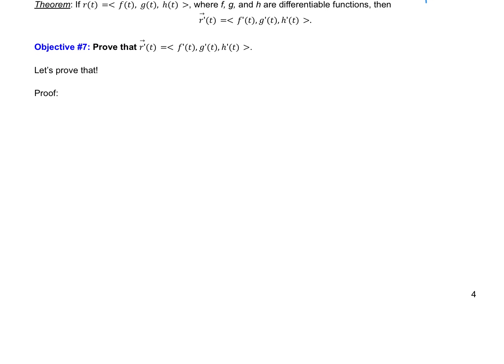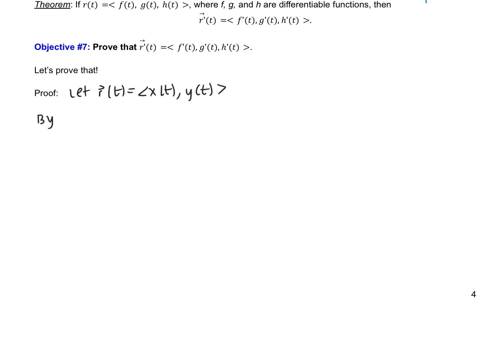Okay, we are going to prove it for 2 space. The proof for 3 space is going to be a similar idea. So I'm going to say let r of t be equal to x of t, y of t.